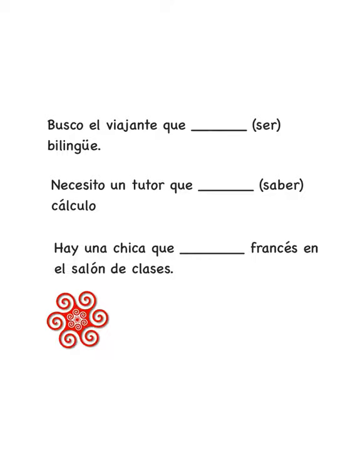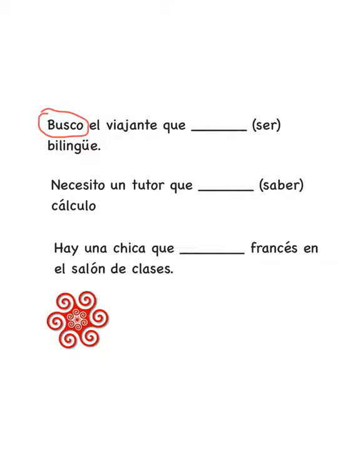Now, the first thing we should do is look for that word that tells us whether we may have to use a subjunctive. And in this sentence, we had it, okay? Busco. Okay, busco el viajante que bilingüe.